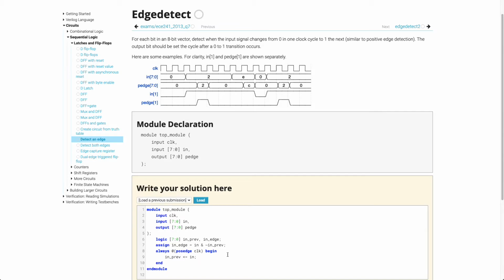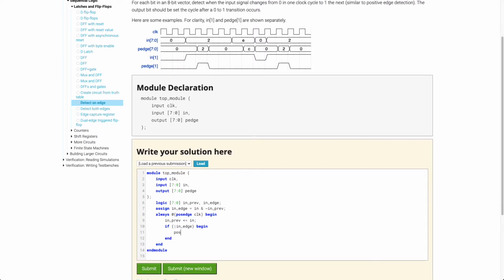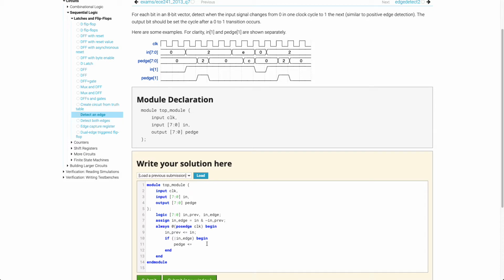And so one cycle later, meaning if any in edge is detected, so any positive edge of in is detected, then next cycle is going to go ahead and take this in edge.